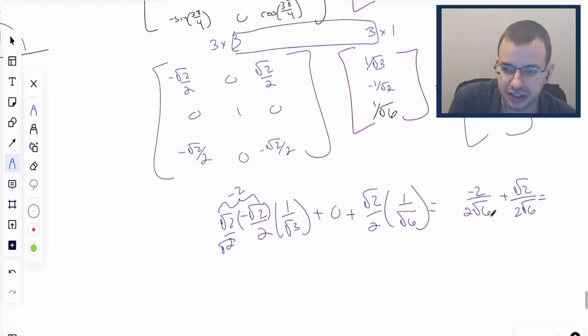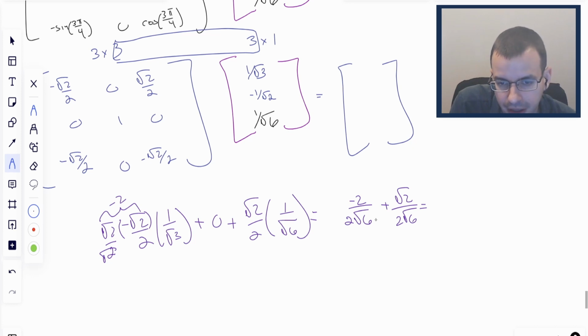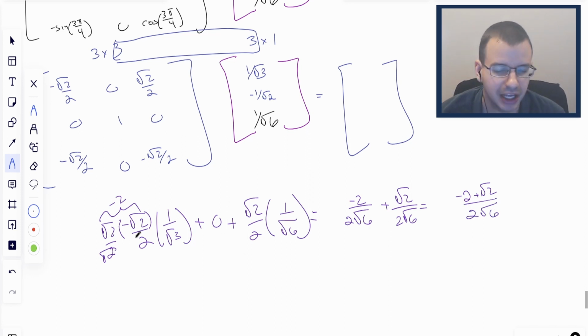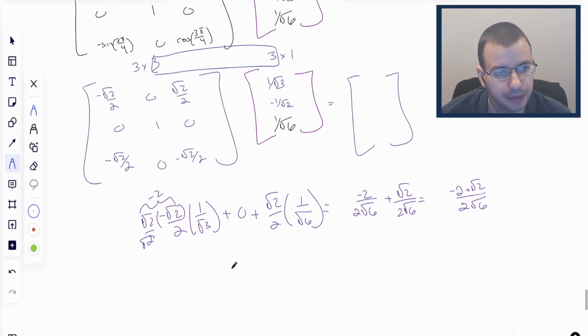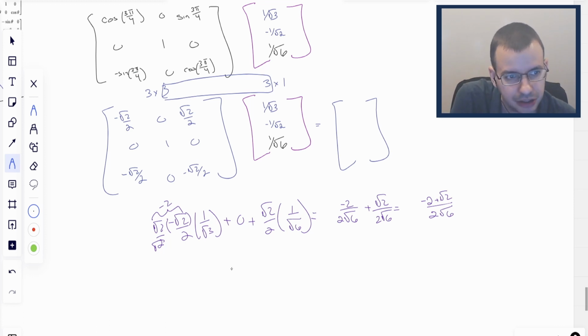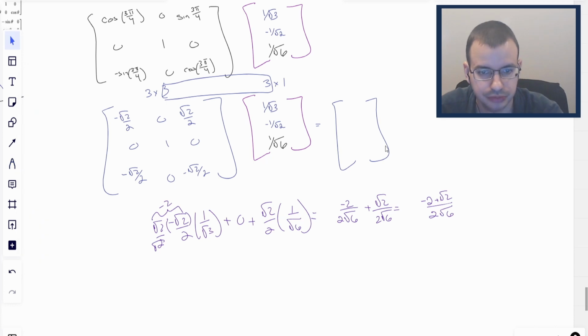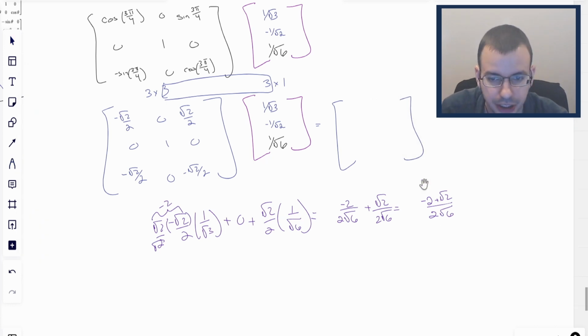And this gives us negative 2 plus square root of 2 over 2 square root of 6. That doesn't look as pretty as I'd like. Yep, I don't think it can be helped. All right, and so that's going to be the first term. Oh, put this up here.